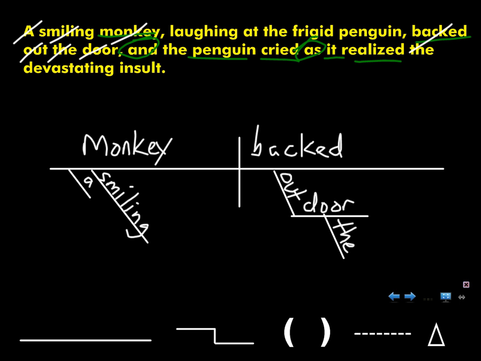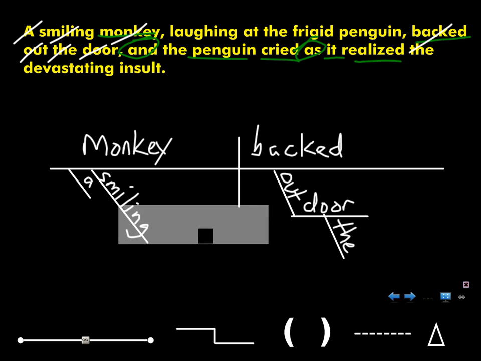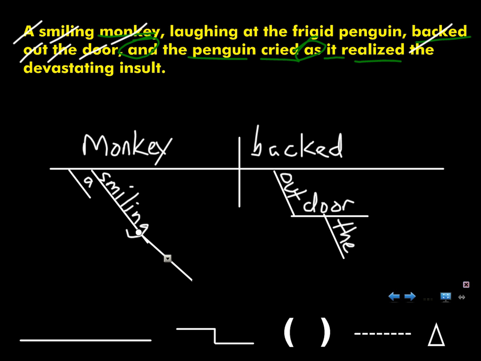Laughing at the frigid penguin. Tejal. It's a participial phrase modifying the monkey. And would it be like the direct object of it? Close. Where is penguin in that sentence?